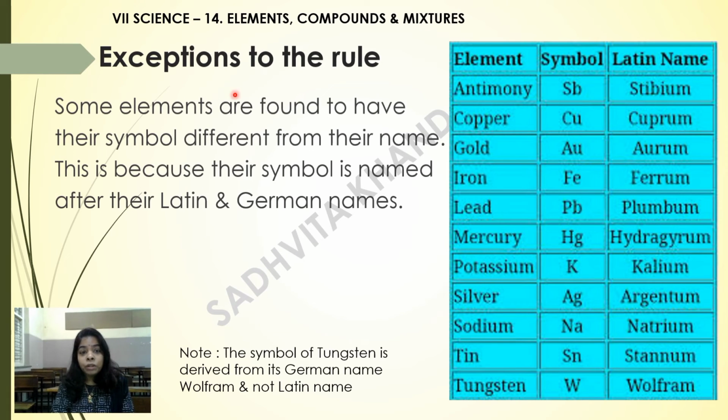Exceptions to the rule. What are the exceptions to the rule? Some elements are found to have their symbol different from their name. This is because their symbol is named after their Latin and German names. Yes, children, when these rules were made, there were some scientists who did not agree to this rule. They said, I have made this discovery, this is my invention, so I want my name to be written for this particular element.